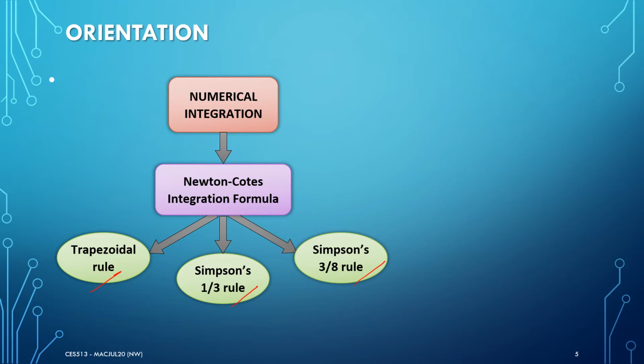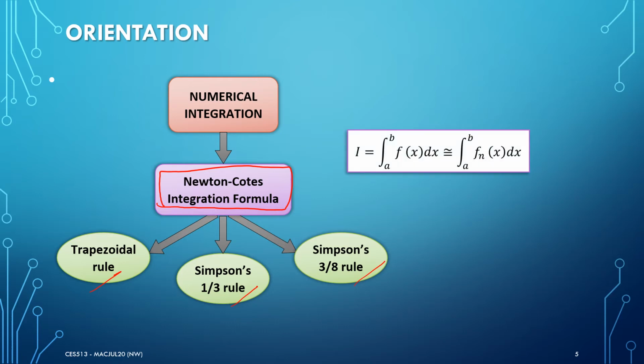All these formulas are designed for cases where the data to be integrated are evenly spaced. The Newton-Cotes formulas here are the most common numerical integration methods. They are based on the strategy of replacing a complicated function or tabulated data with an approximating function that is easy to integrate.